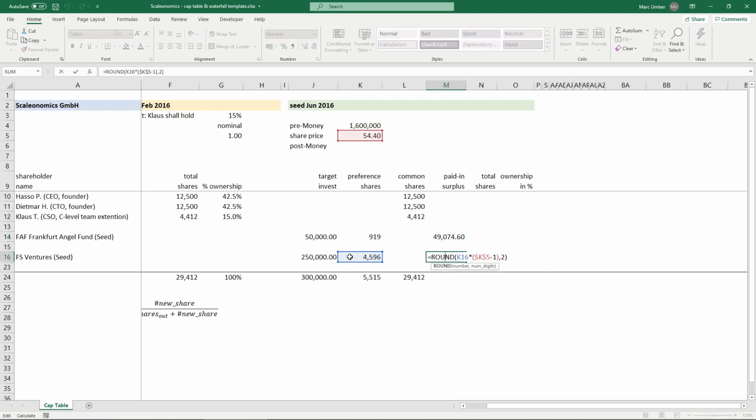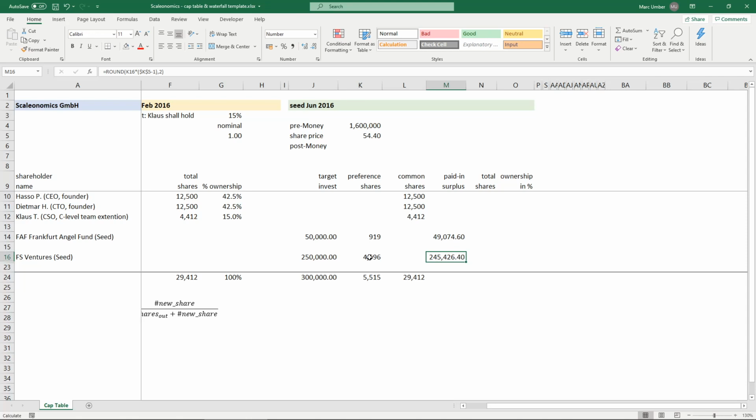The same is true for Frankfurt School Venture Capital. They pay 4,596 euros in a separate legal transaction simply to pay for the nominal amount. And in addition, they have to wire transfer the paid-in surplus of 245,426 euros.